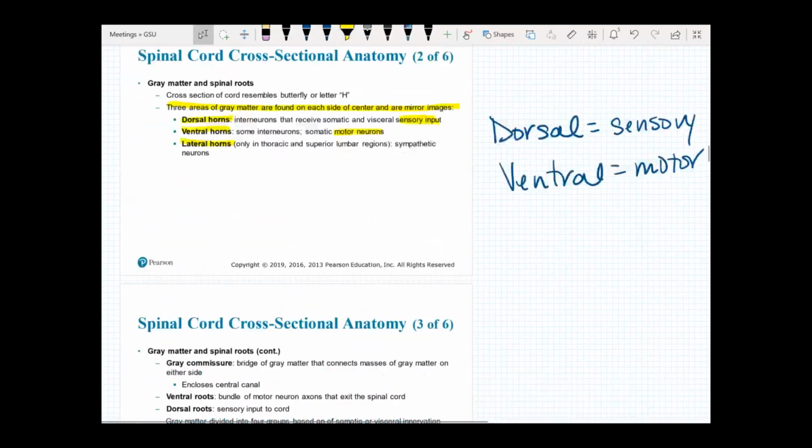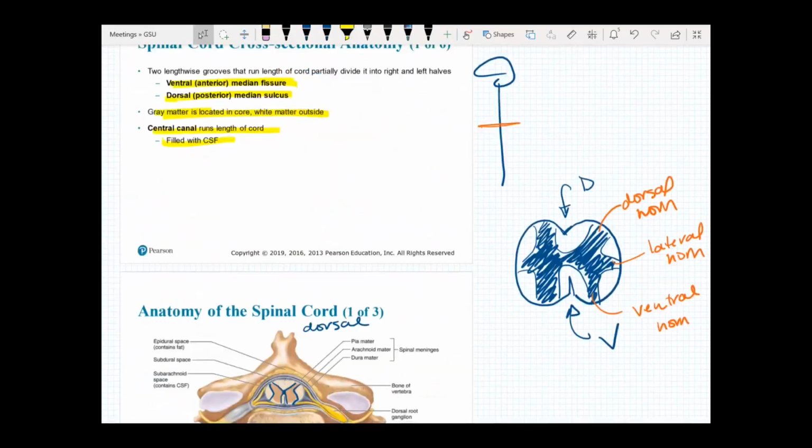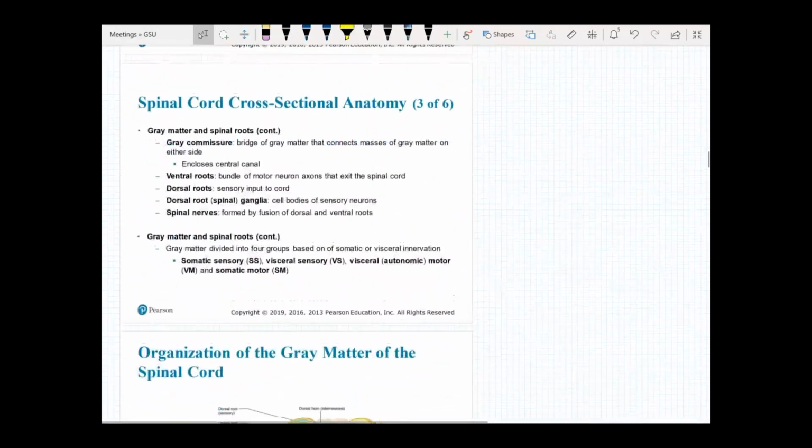Just like we have our dorsal, lateral, and ventral horn, there are also going to be the axons that are coming into the gray matter, which would be the roots. So there's a ventral root and a dorsal root and what is called a dorsal root ganglia.